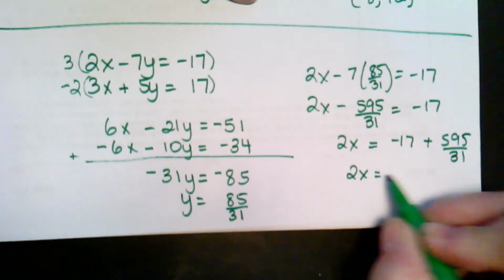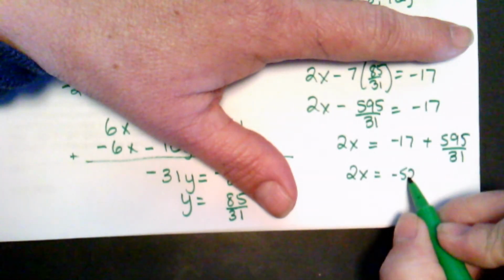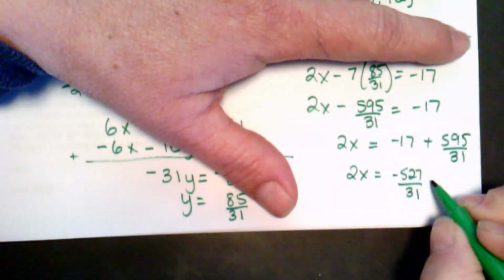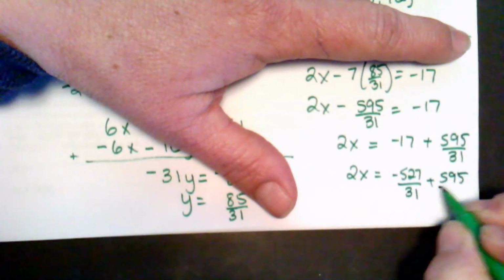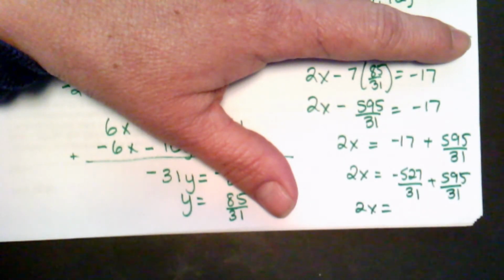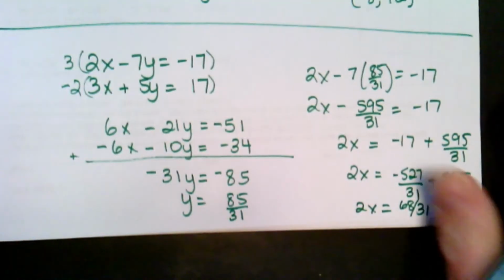And we have to have common denominators. So if I make this a 31, I have to times that by 31. Ran out of space.